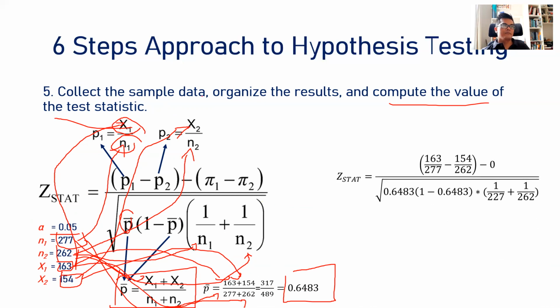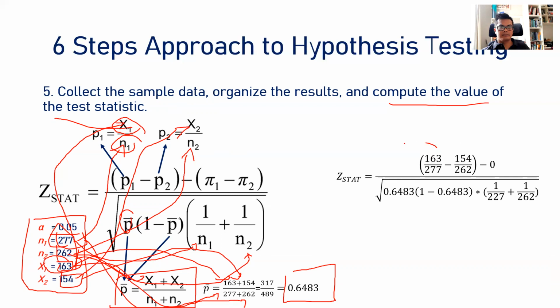After that, we plug in the other values for the z step, simply by plugging all the components in with the values stated in the problem set. P1 equals x1 per n1, so x1 is 163 divided by 277.